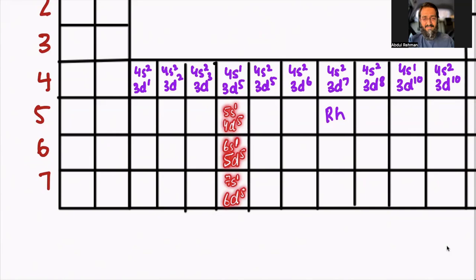So for the D, we take it from the period which is before it, above it, and the S is from the same period in which the element is.